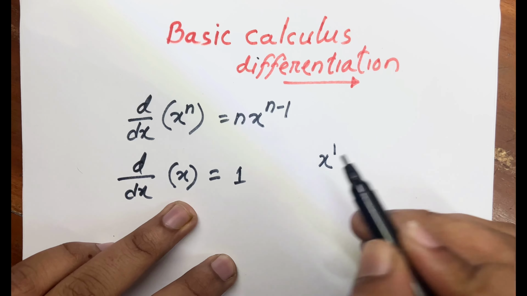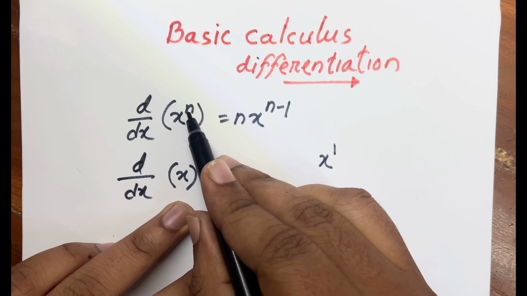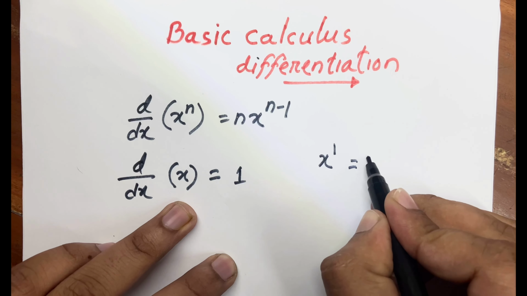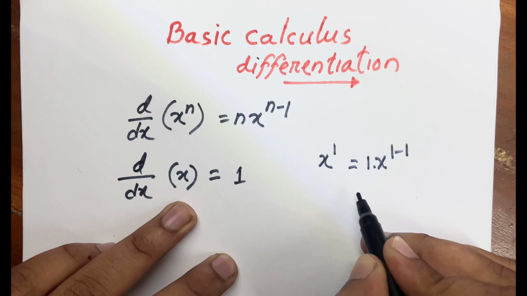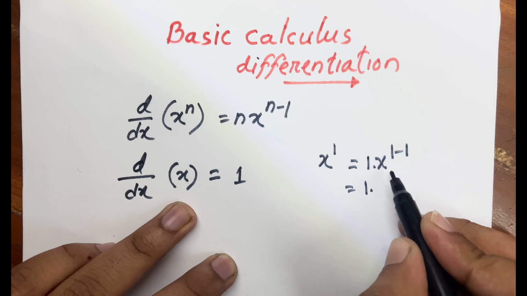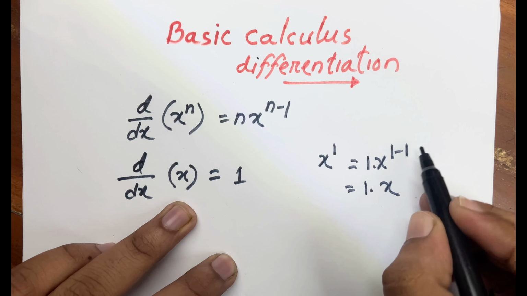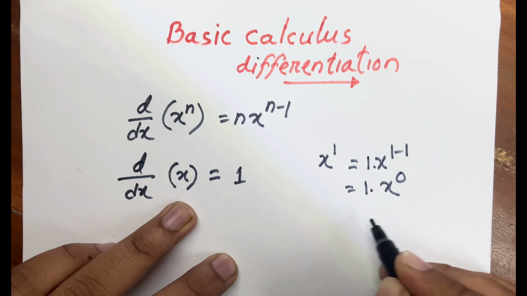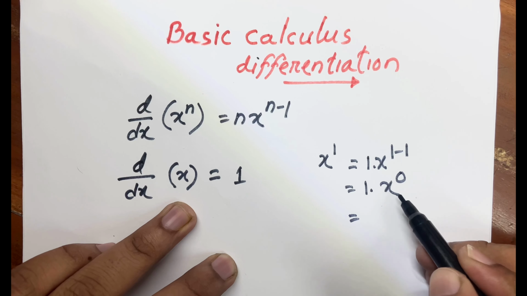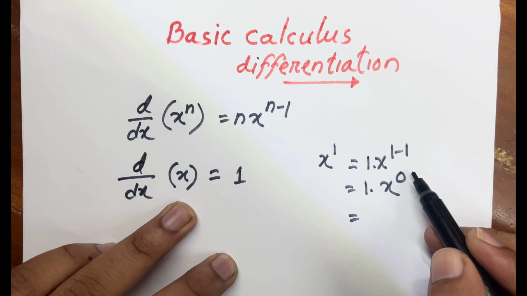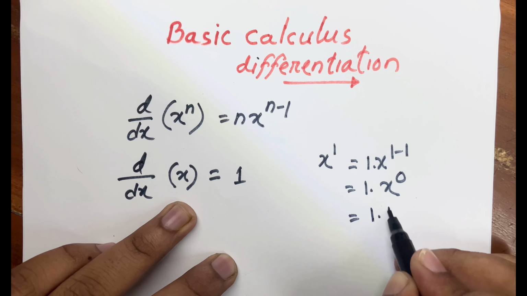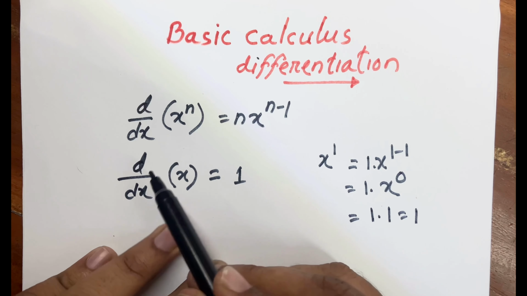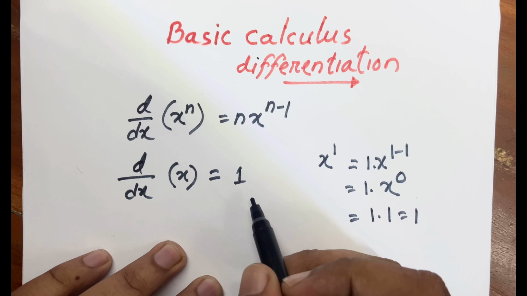We know n x to the power n minus 1, so 1 times x to the power 1 minus 1, which is x to the power 0. We know that for base x and power 0, the value is 1. So 1 multiplied by 1 equals 1. That's why d/dx of x is equal to 1.